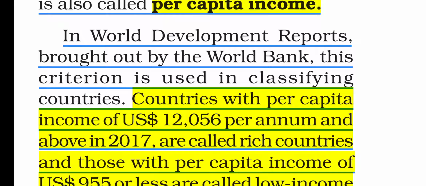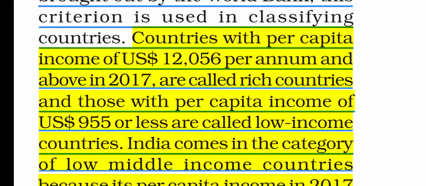So by 2017, according to the World Bank report, the countries earning an average income or per capita income of 12,056 are considered to be developed. And the countries whose income is US dollar 955 or less are called low income countries.